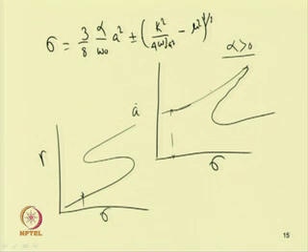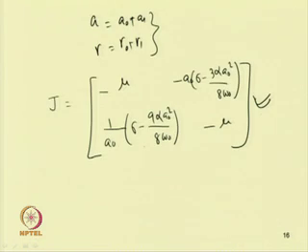One can note that in this case, up to this sigma, the system has a single branch, but after this value of sigma, one can have 3 solutions. Out of these 3 solutions, some may be stable, some may be unstable, and one can study the stability by finding the eigenvalue of this Jacobian matrix.